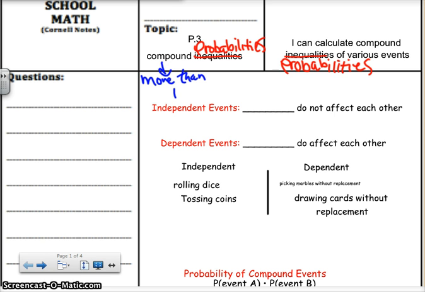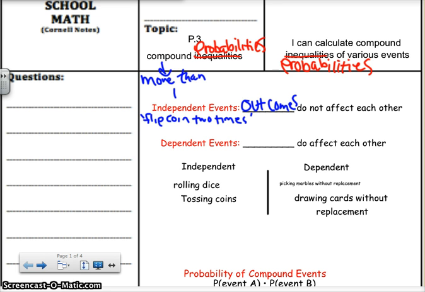Okay? So with compounds, you have independent events and dependent events. Independent events means that the outcomes do not affect each other. Meaning what I do to one, the second one doesn't matter. An example would be flipping a coin 2 times.